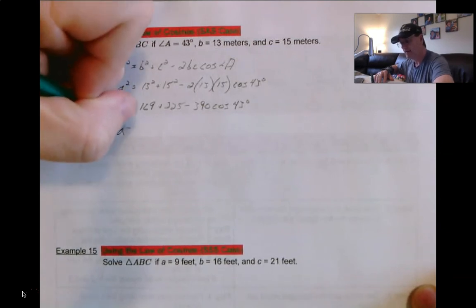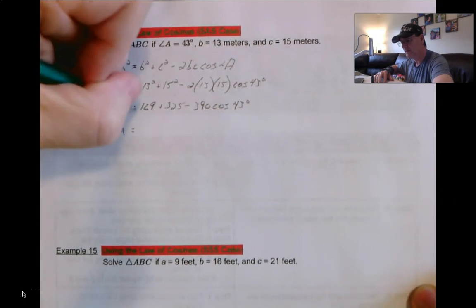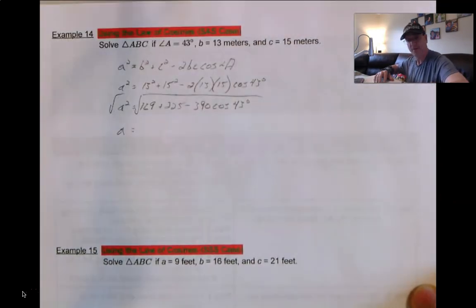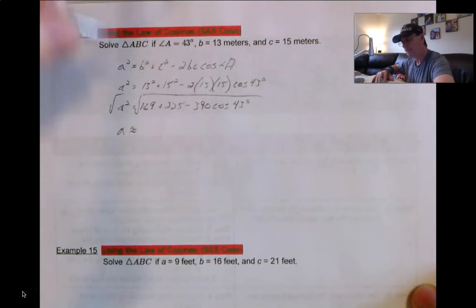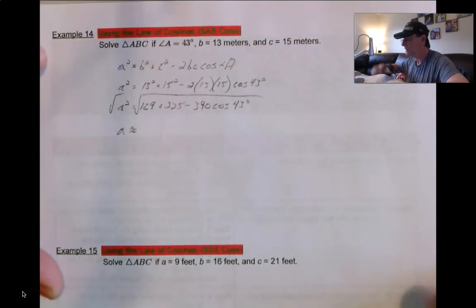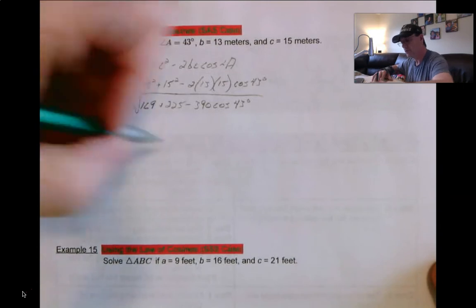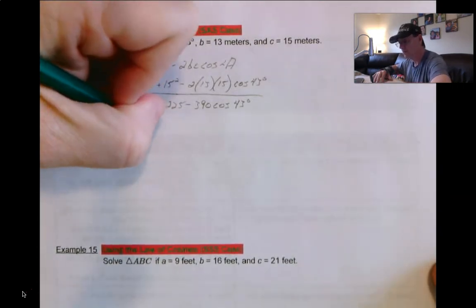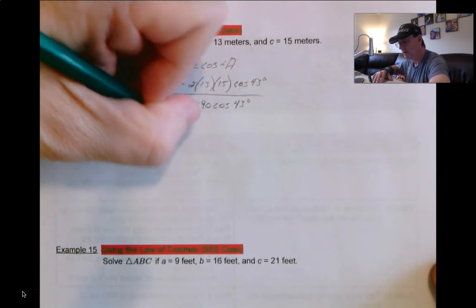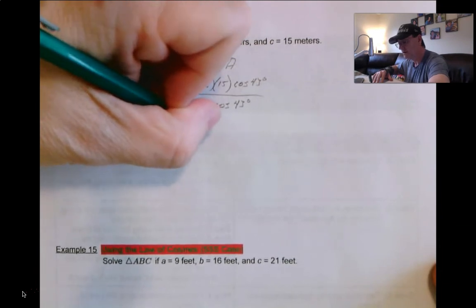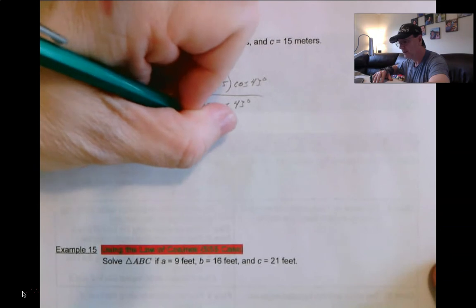Now I'll square root both sides. We're looking for a, not a squared. The square root of 394 minus 390 cosine 43 degrees.